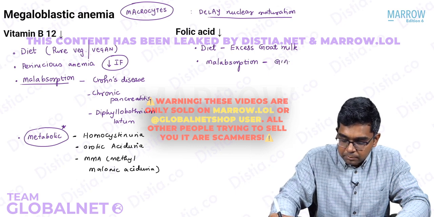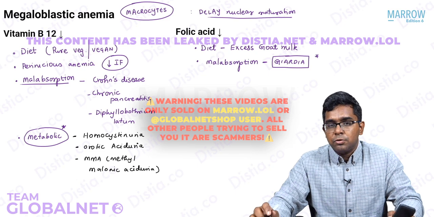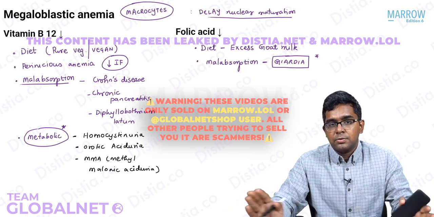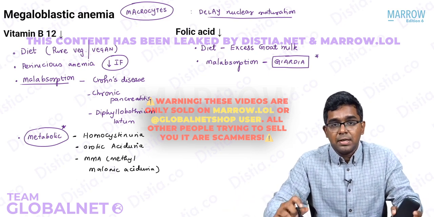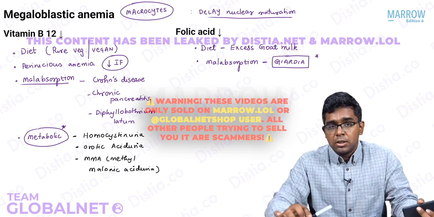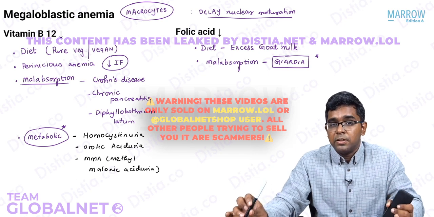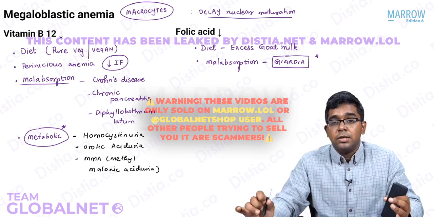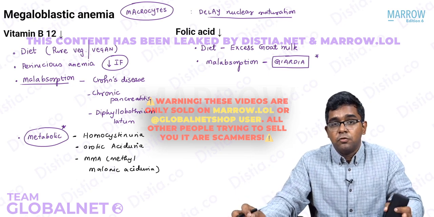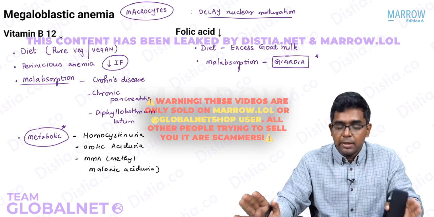Giardia infection. Very important. Now, in the previous discussions, I have told you some important infections associated with few of the anemias. What is that? Hookworm infestation for iron deficiency anemia. Just before I have told you Diphyllobothrium latum infection for vitamin B12 deficiency and Giardia infestation for folic acid deficiency. Don't forget, these three are potential MCQs.